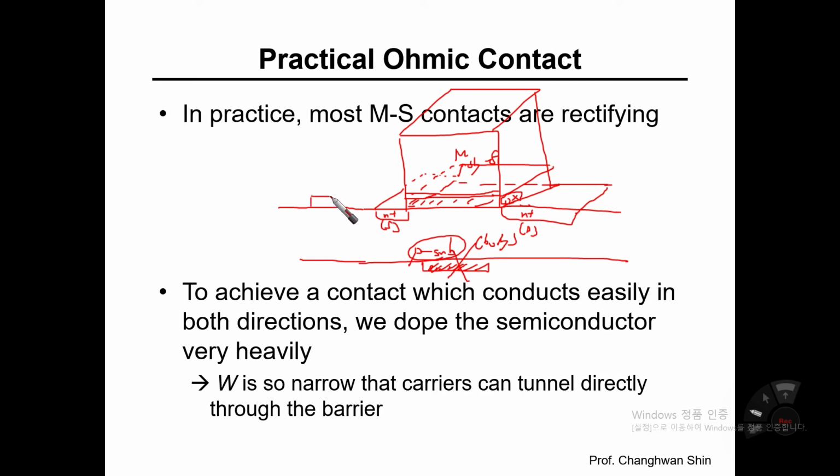Then you should deposit a metal material onto the P side. This metal-semiconductor P-side contact should be ohmic-like, otherwise you are going to make a diode here, but that is a parasitic one and something we didn't want to have. So this MS contact should be a very ohmic contact.